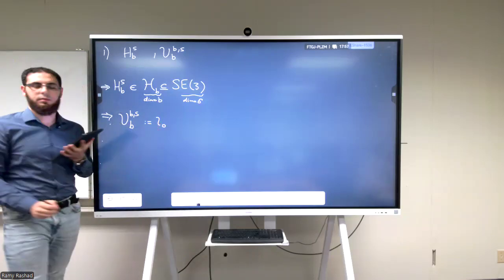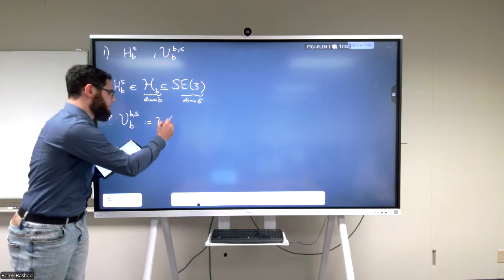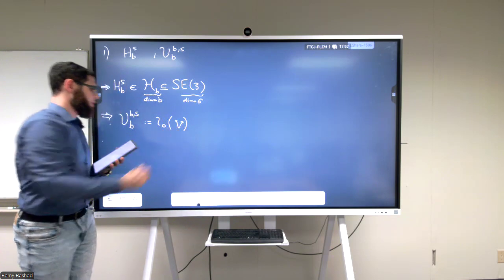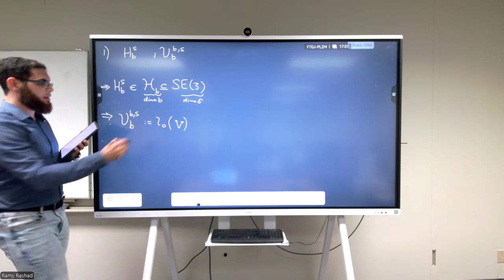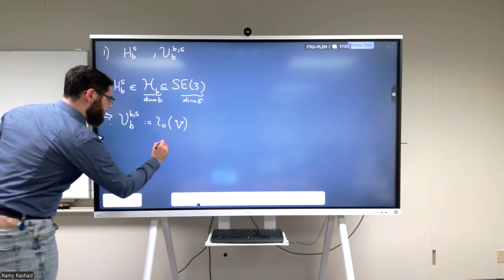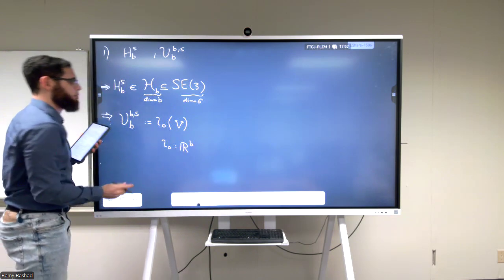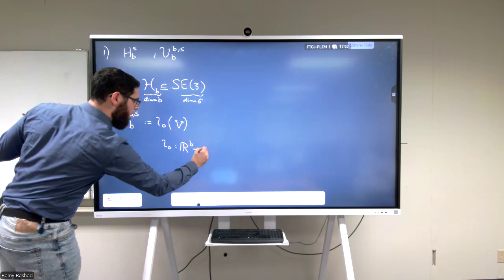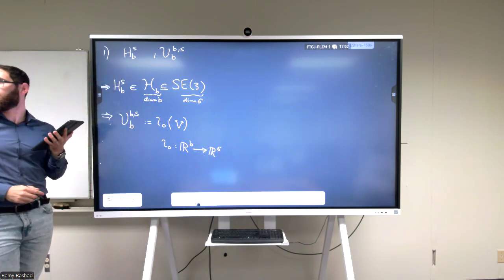We're going to be calling it iota, and it eats a small v of the base. This map, iota, takes you from R^B, which is something that lives in the tangent space here, to R6, which is this twist.